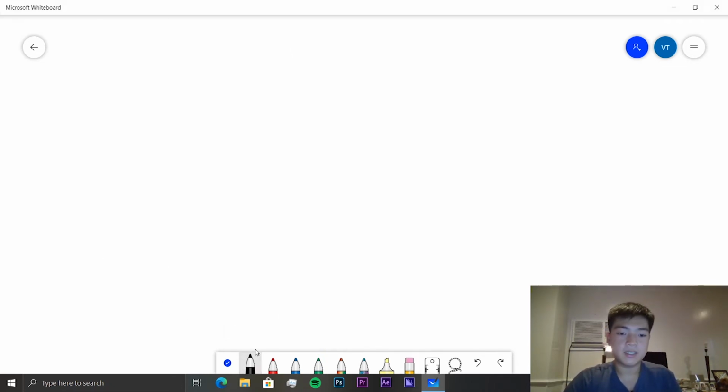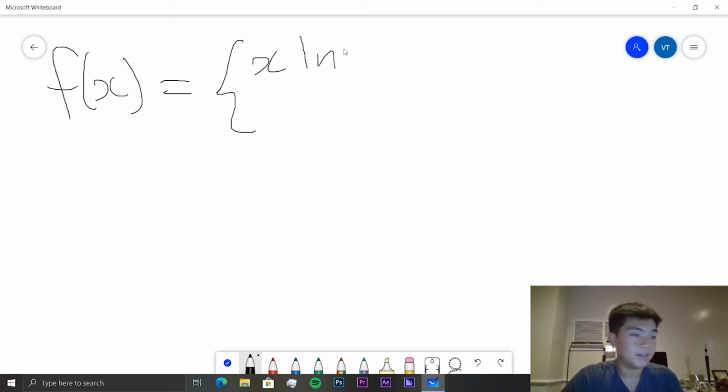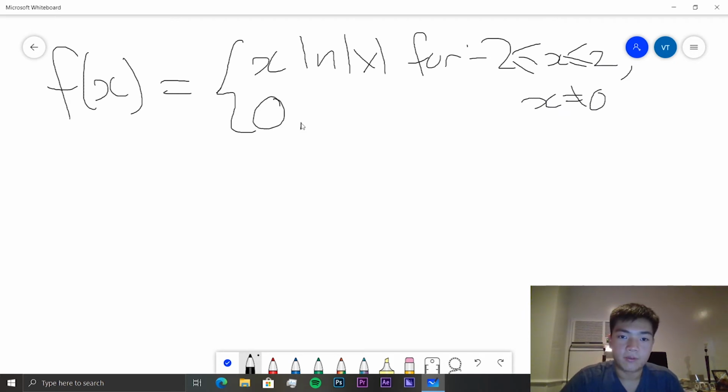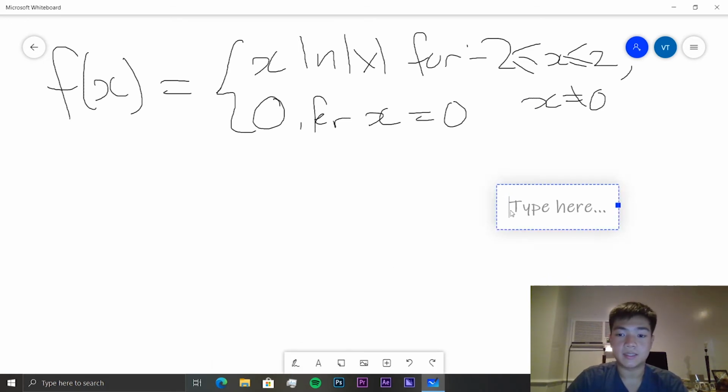So the next question is, we have f of x is equal to x ln absolute value of x for -2 is less than or equal to x is less than or equal to 2, x is of course not 0, and then 0 for x is equal to 0. So we need to do some things.